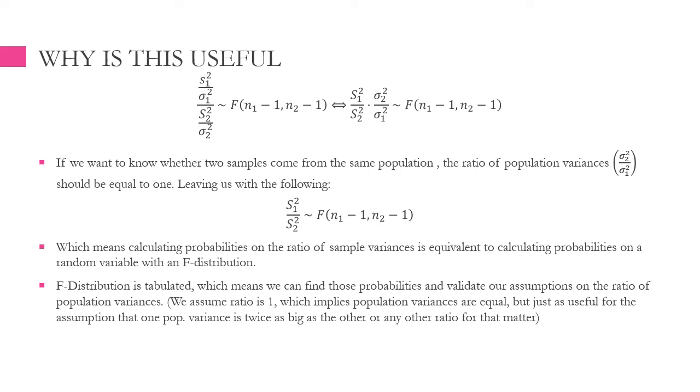Now, we assume that the ratio between the population variances is 1. We assume that they're the same because we wanted to check if these two sets of data come from the same population.